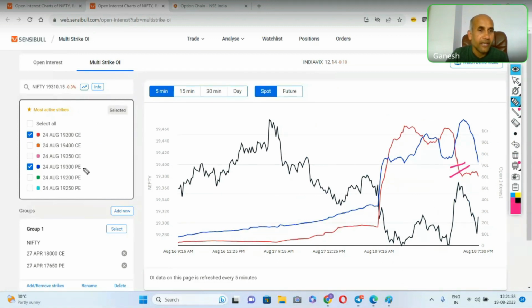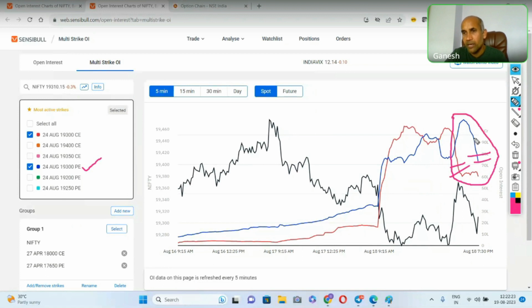Similarly, here see, 19,300 puts are there. 19,000 puts were also taken by the end of the day, and those were also unwound. So 19,300 calls closed, and 19,300 puts were closed. Maybe this part is called the last 15 minutes.